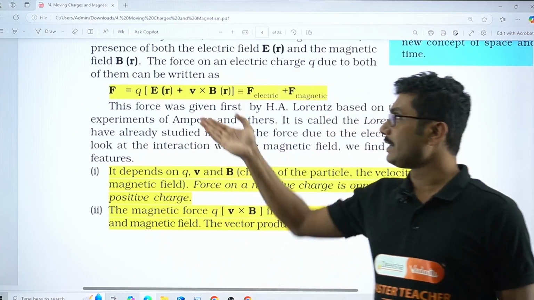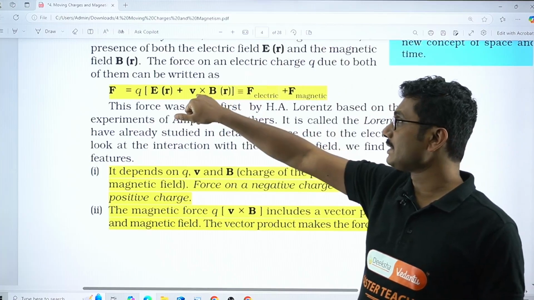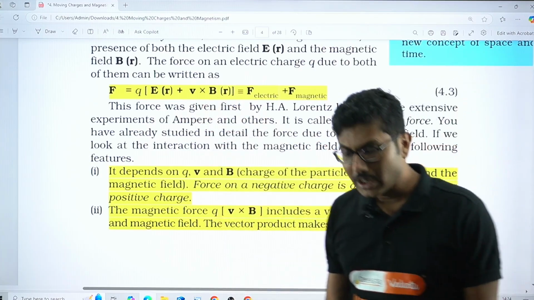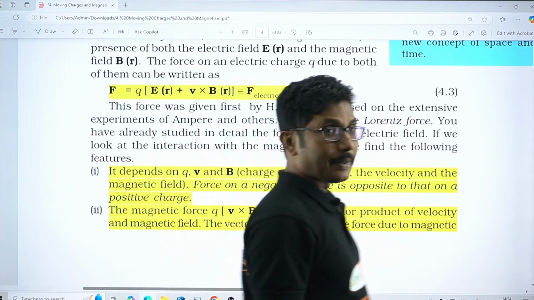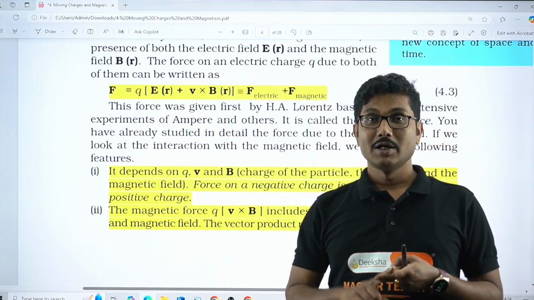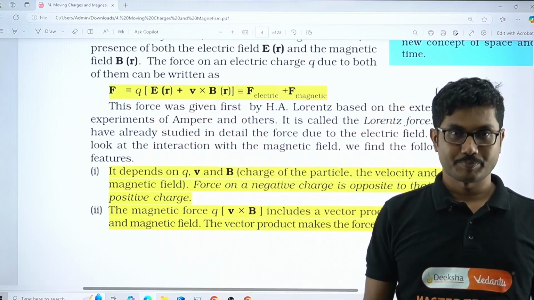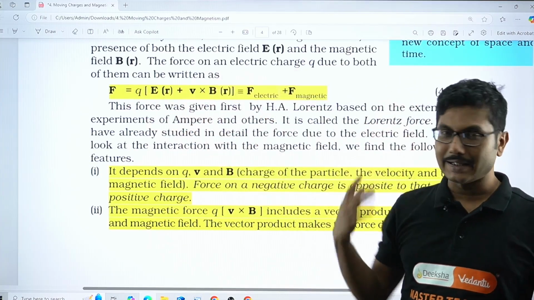For the electric field it is not complicated, but for the magnetic field it gets complicated because it's a cross product, V cross B. Now which V do we have to consider? It depends on the direction of velocity, and on the magnitude of the charge as well. Generally we consider Q and V both positive. B has a direction, right?